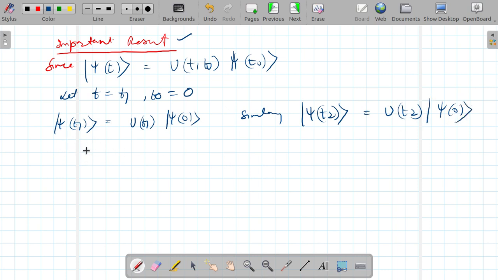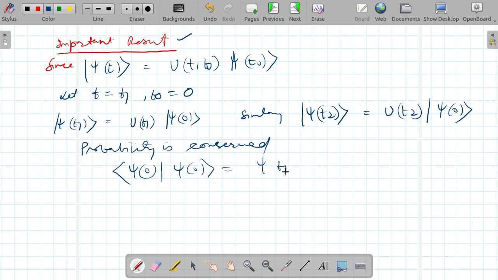Now the probability is conserved. If probability is conserved, then one can write the scalar product of psi(0) with itself is equal to that of psi(t1) with itself.